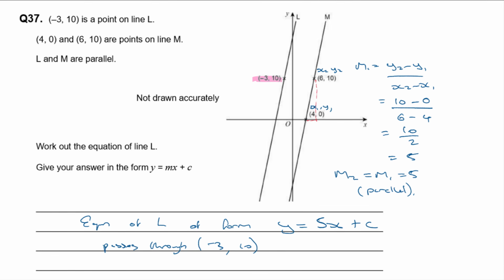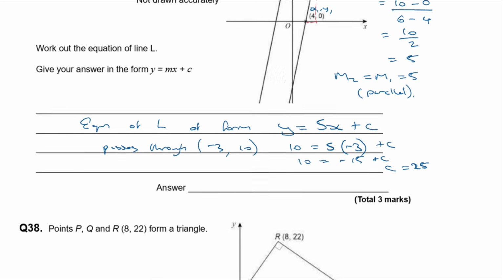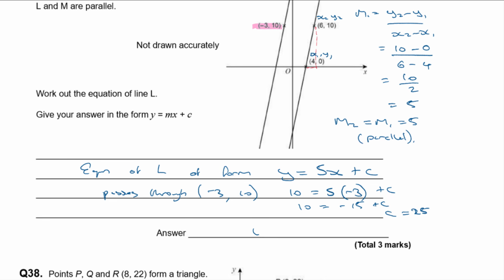Subbing those values in, very much like last time, the y coordinate is 10, and that's 5 lots of the x coordinate, which is minus 3. That should give me c then, shouldn't it? So 10 equals minus 15 plus c. So c is equal to 10 plus 15, it's going to be 25. So then what is the answer? The answer is y is equal to 5x plus 25.